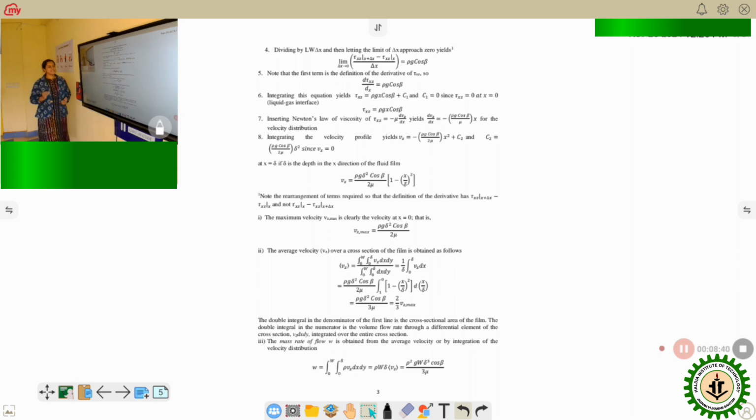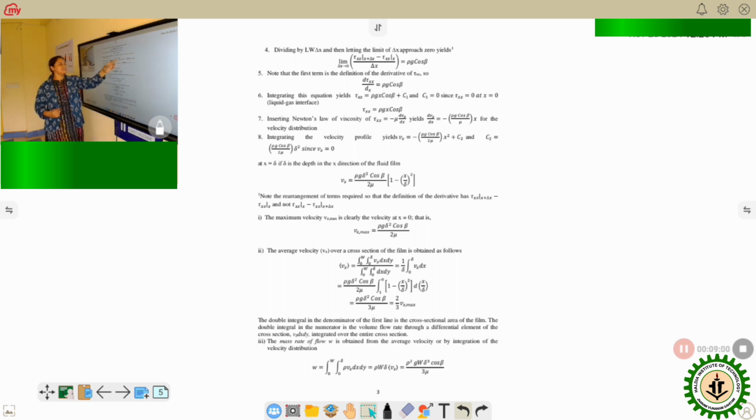So from this equation we take the value of tau xz and put it in the previous equation, that is, tau xz equals rho g x cos beta. Putting the value in this equation, finally we got the velocity distribution profile.